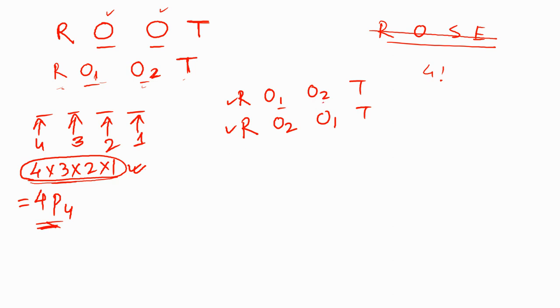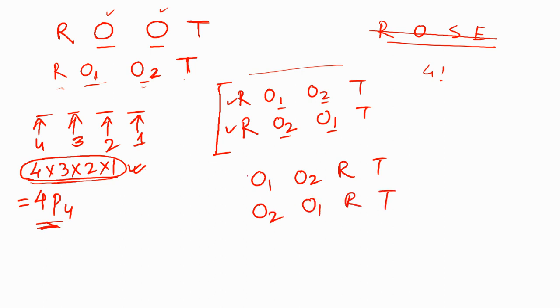But in reality, O1 O2 and O2 O1 both are same, right? Actually this ROOT and this ROOT is same. Similarly, if it is O1 O2 R T and O2 O1 R T, they are considering these two as different. That's how we are getting this 4 factorial.